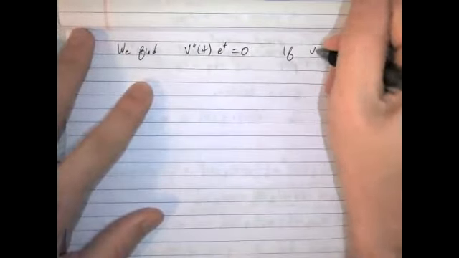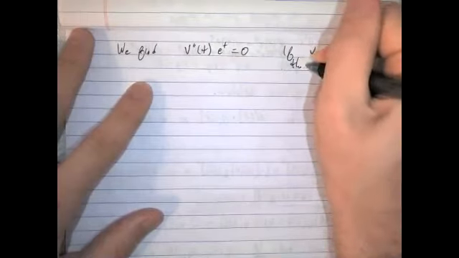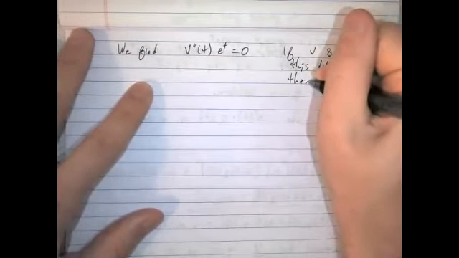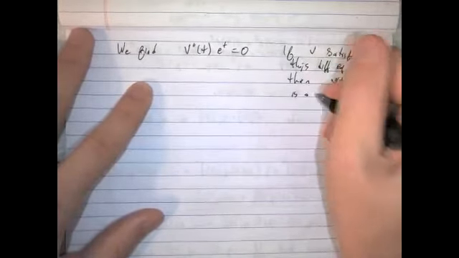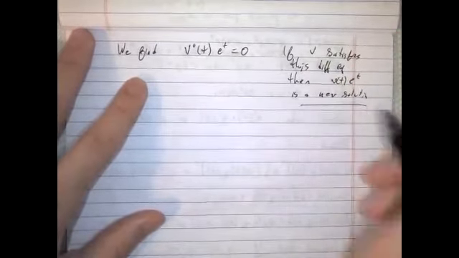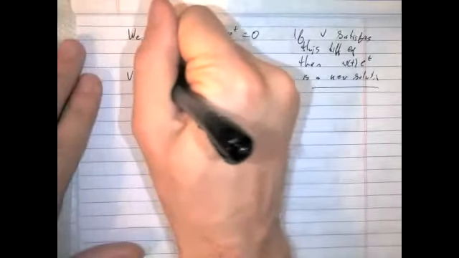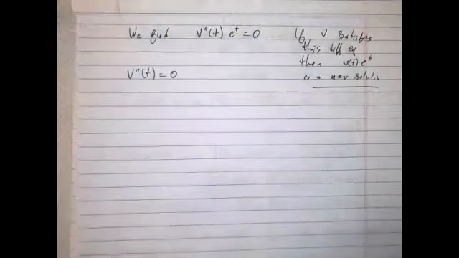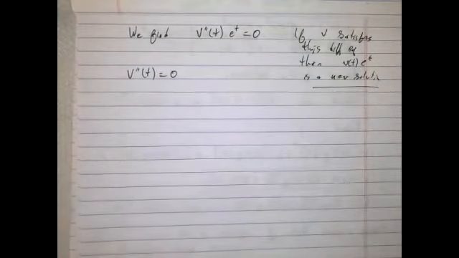If v satisfies this diff eq, then v of t e to the t is a new solution. But this is just saying v double prime of t is equal to 0. And now this is a calc problem. This isn't a differential equations problem. This is saying I've got a function of t whose second derivative is 0.